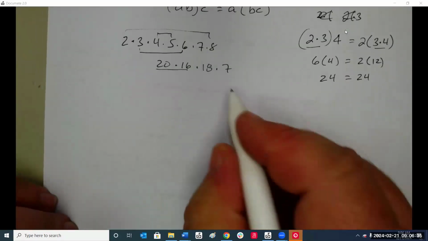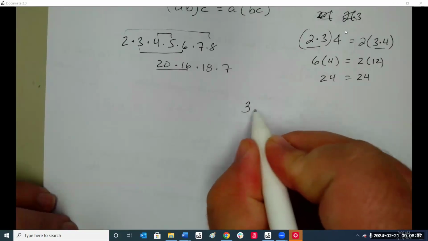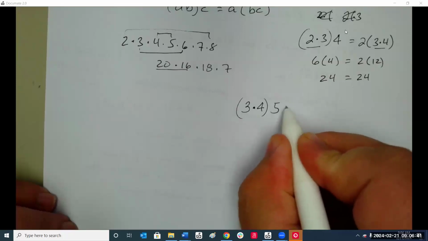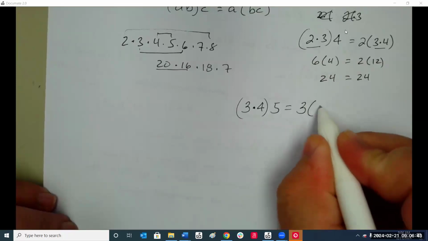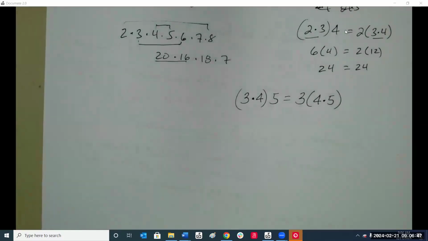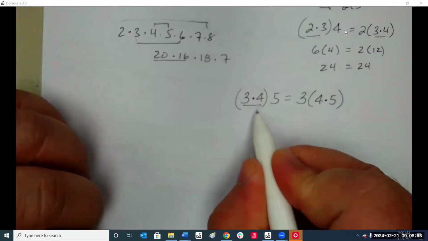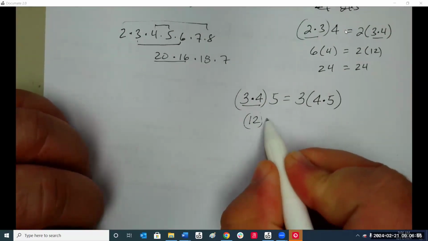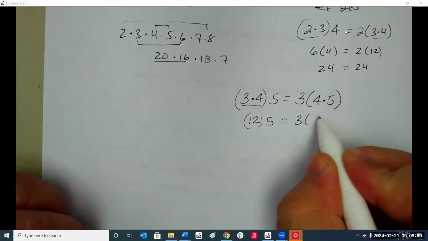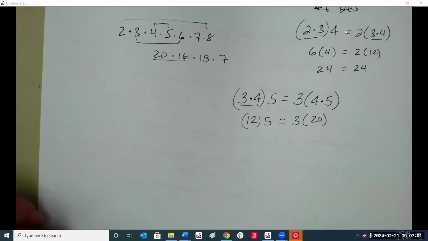It becomes more apparent with this example. 3 times 4 times 5. Which side is easier to do using this property? Yeah, because 3 times 4 is 12. 4 times 5 is 20.